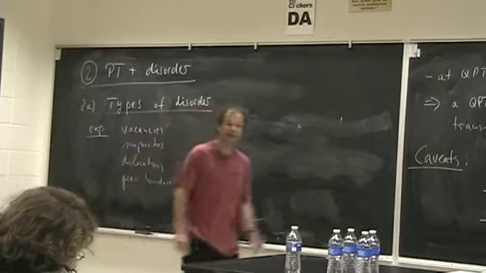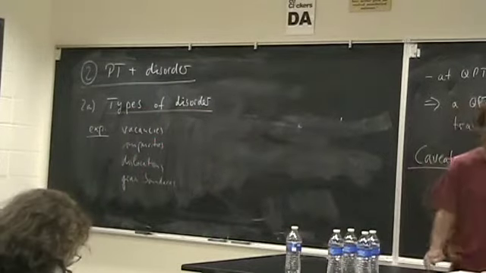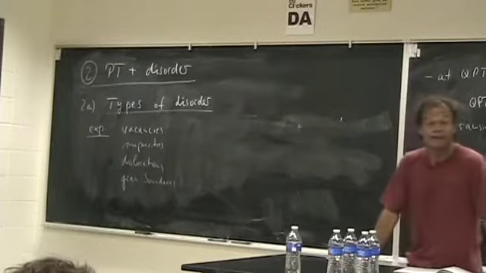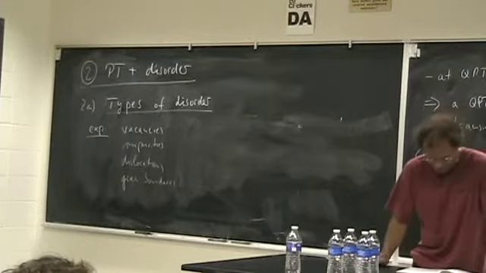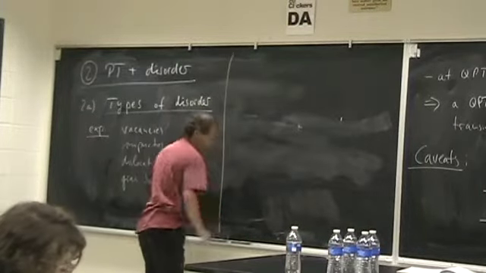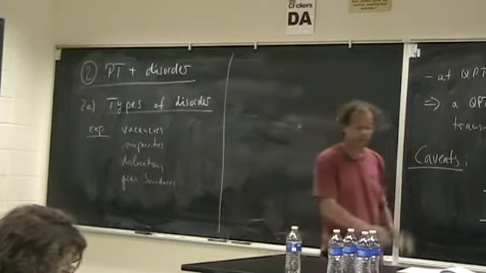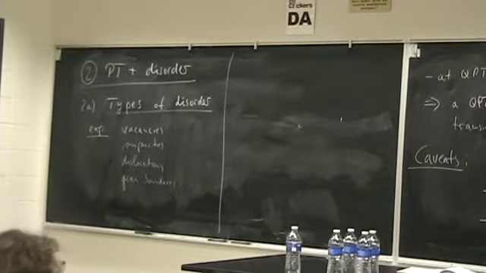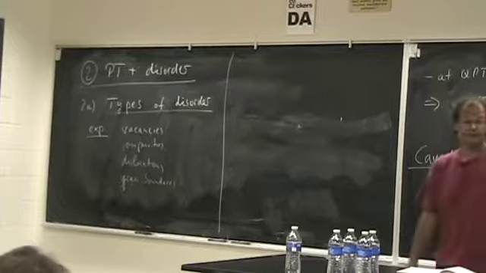So there are many microscopic reasons, and this is just a partial list of course, why there would be some randomness, some disorder in your system. And there's one important distinction to be made right away, before we start talking about modeling this in a theoretical way. This has to do with timescales.